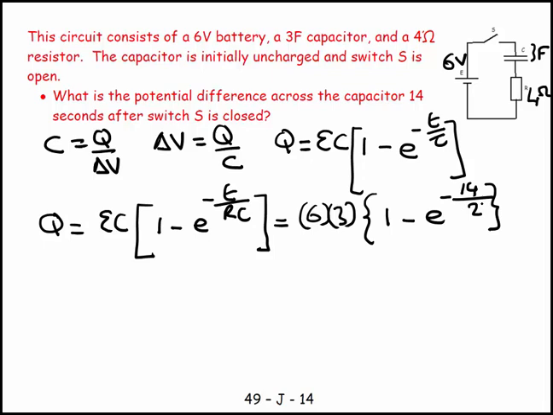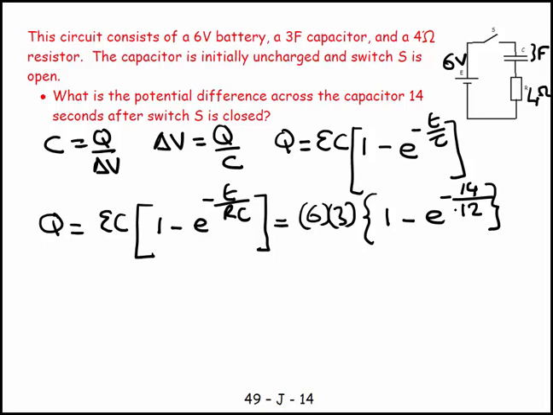The way I like to do this is bit by bit. So that's going to be 14 divided by 12. We'll make that a 12 so we don't make mistakes, 4 threes are 12. So 14 divided by 12, then e to the x of minus that answer, and that gives me 0.31.